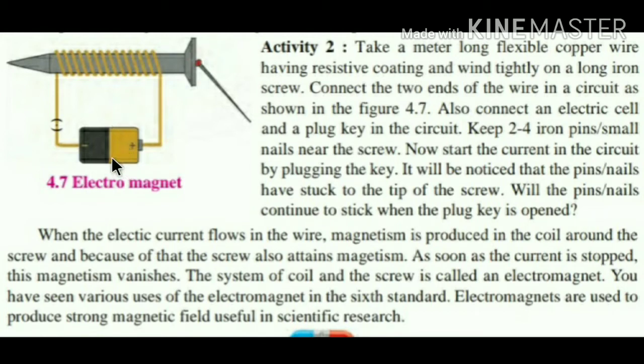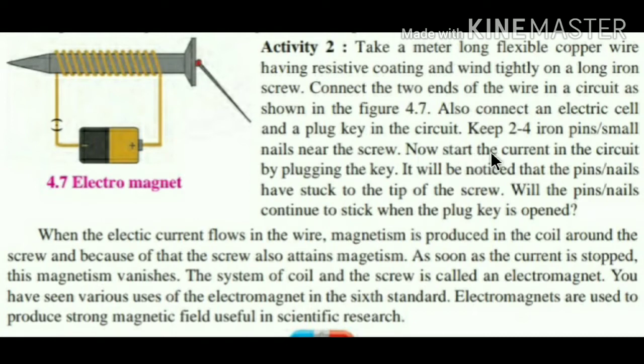This is the electric cell and this is the plug key. We join the two ends of the wire to this plug key and to the cell. So this is a simple circuit, and in it the screw is wound tightly by the copper wire.